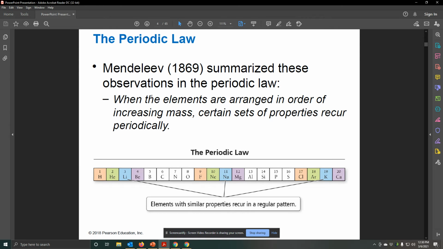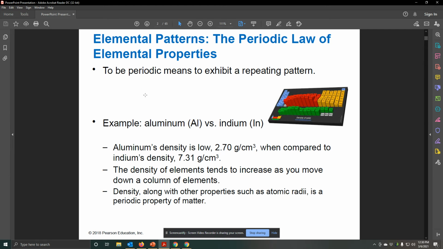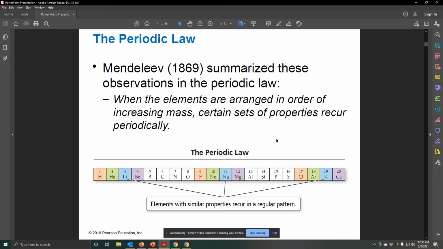What he did is he took the elements and arranged them in increasing mass. So I'm actually going to go back here. This isn't a great periodic table to look at, but if I go across, as the atomic numbers increase, so does the mass. And so that's where he put those together to show that.